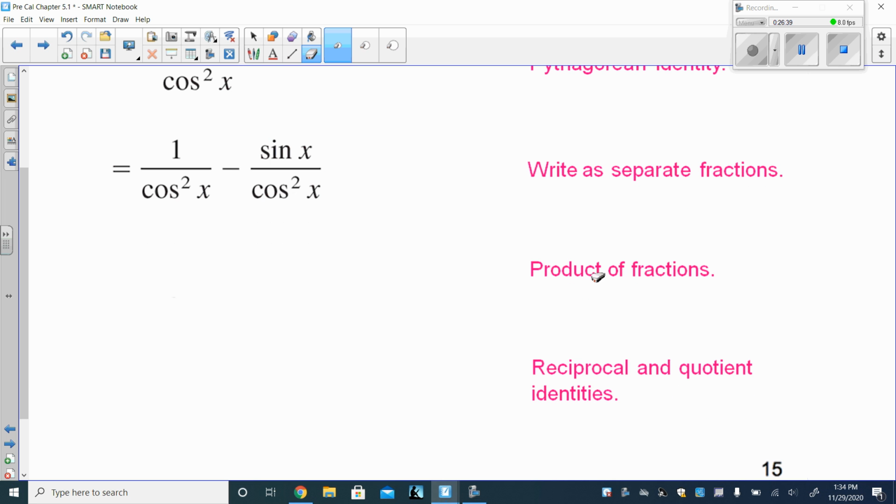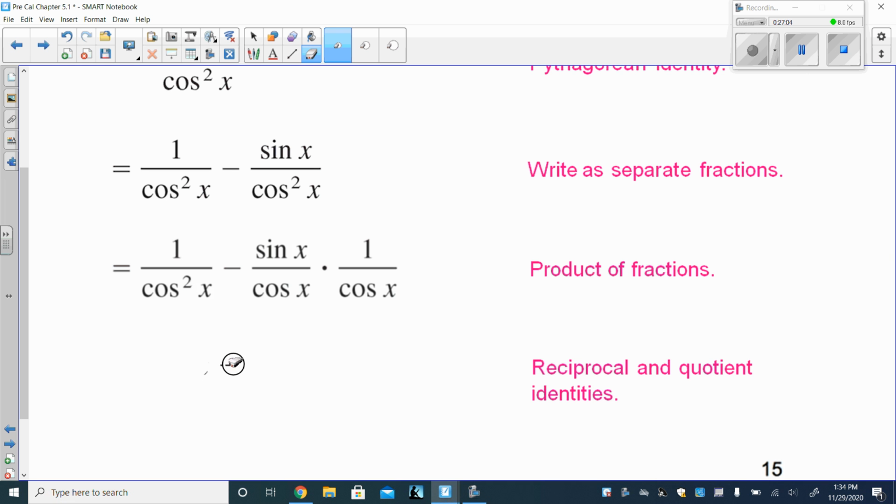Now, they're going to talk about product of fractions. And really what that means is that we're going to just rewrite the second part like this here. It's not a big change. It's not a big difference. But what we want to use is really our reciprocal identities. 1 over cosine is the same as what?